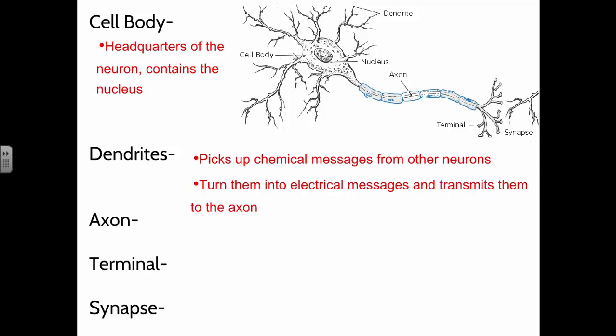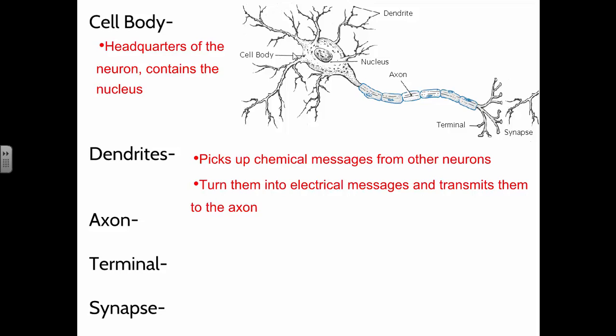What happens is they take a chemical signal, chemicals attached to the ends of the dendrites, and they start what we call a nerve impulse. A nerve impulse is an electrical signal. Neurons run partially on electricity.